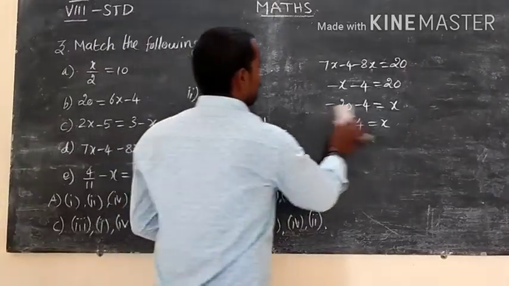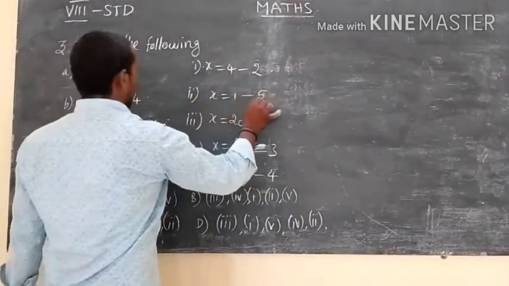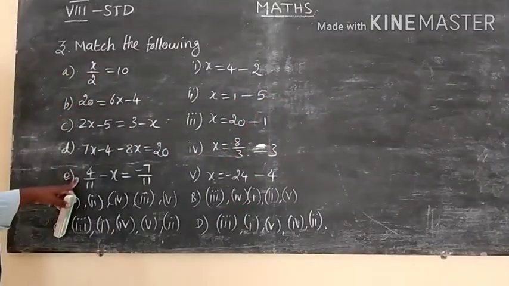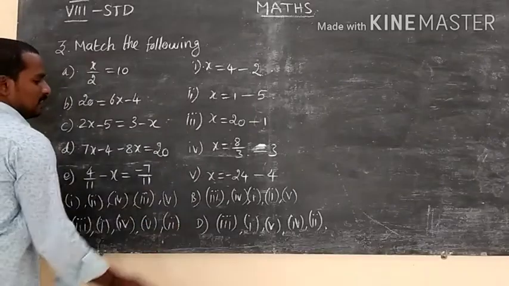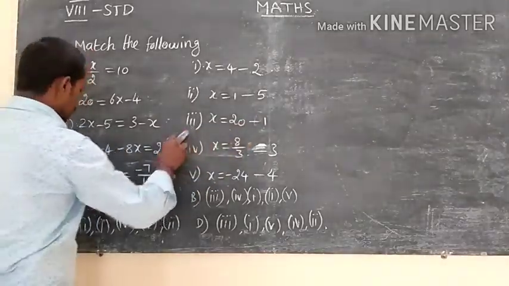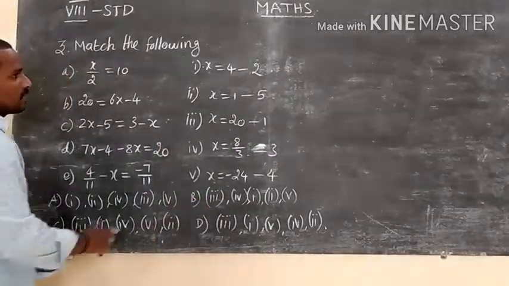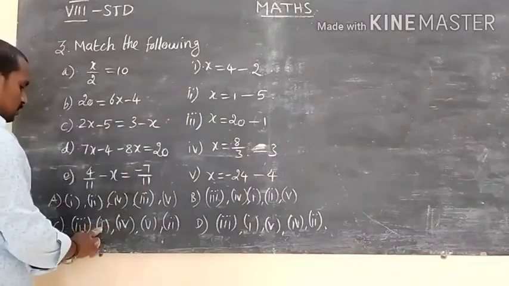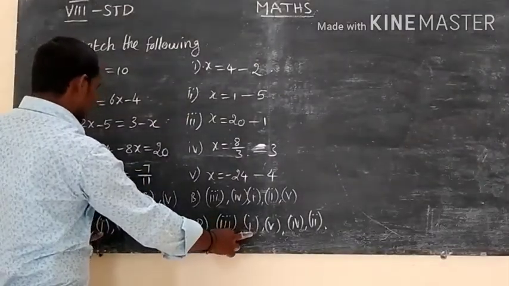Then the remaining, this is the fifth one. Okay. So explain your answer. Then you have 4 options, A, B, C, D, which is the correct one. The first is third. The second is first.